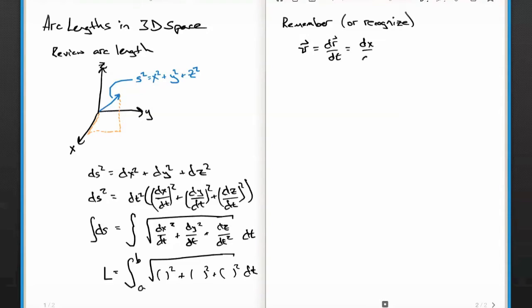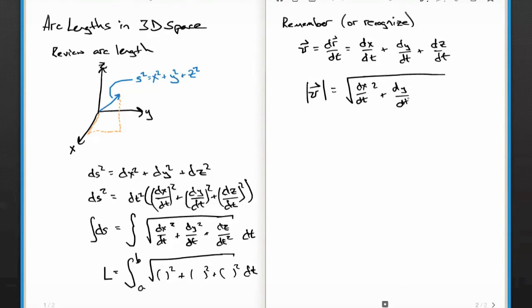In parametrics, it's dx/dt plus dy/dt plus dz/dt. So this is starting to look like this if we square the individual components and then take the square root. Well, that's a lot like taking the magnitude. So I know that the magnitude of my velocity vector equals this whole thing: (dx/dt) squared plus (dy/dt) squared plus (dz/dt) squared, all under a square root.